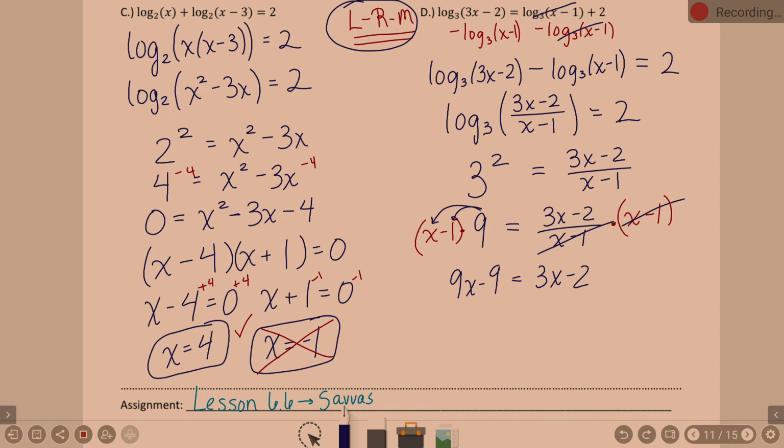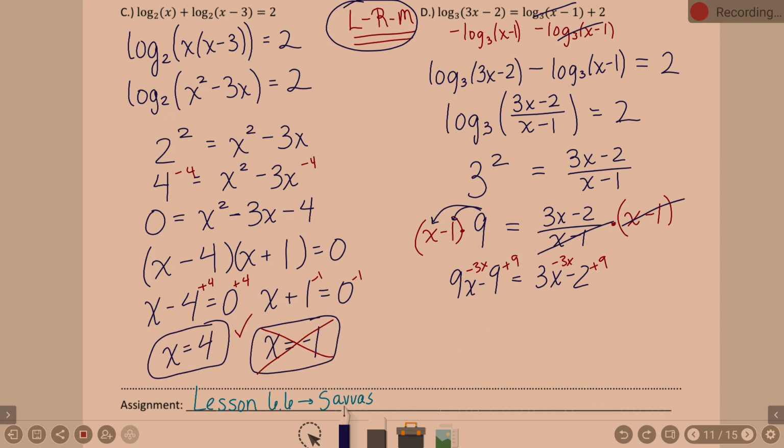Since it's not quadratic, get your variables to one side, constants to the other. So subtract 3x. How confident are you guys? Can we do it all at once, or should I not? If you subtract 3x, you can also add 9.